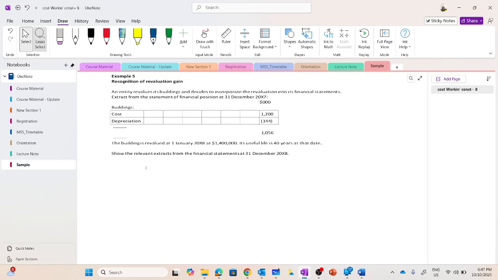At this date, 1st January 20x8, that's the useful life of the asset. Show the relevant extract from the financial statement as at 31st December 20x8. So now we are going to solve this particular question. It's a very simple question. So now let's start to solve this particular question.